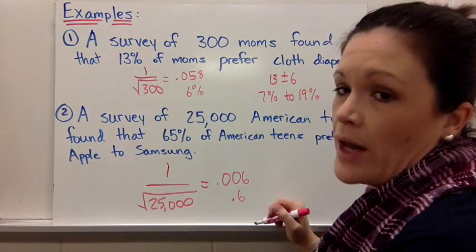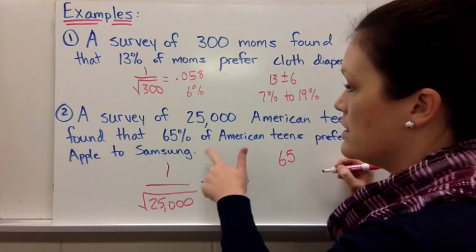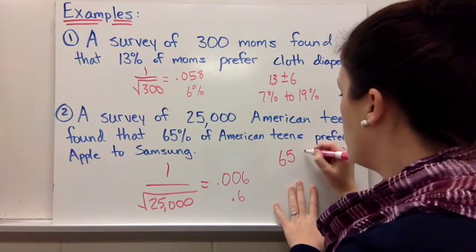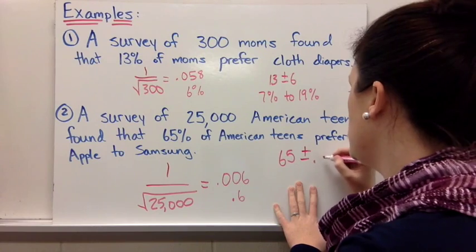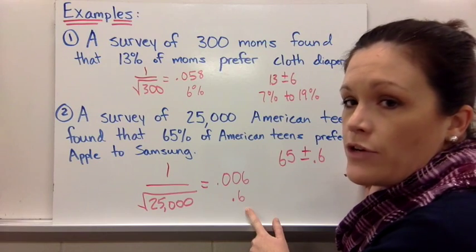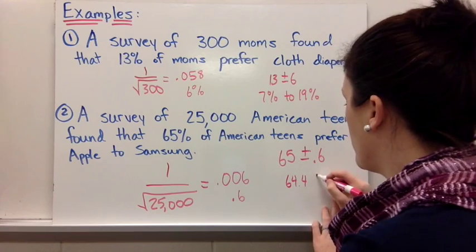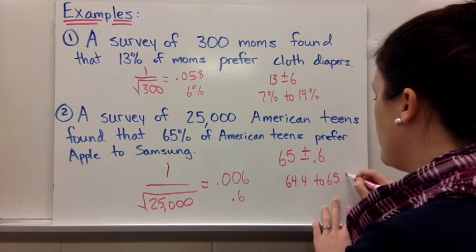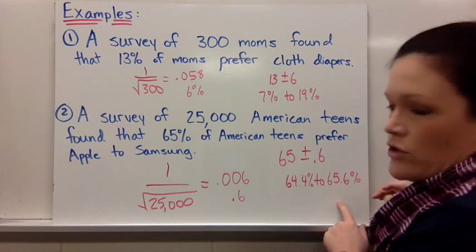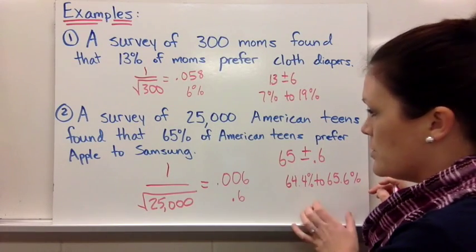So we could be confident about that if this was a true survey. And so then I would say 65%, this is if they wanted my interval. Sometimes they might just want the margin of error, and sometimes they might want the whole interval. So 65% plus or minus the margin of error gives me my confidence interval. So that would be 64.4 to 65.6% is where my true interval falls. 95% of my people actually answered somewhere in between there.